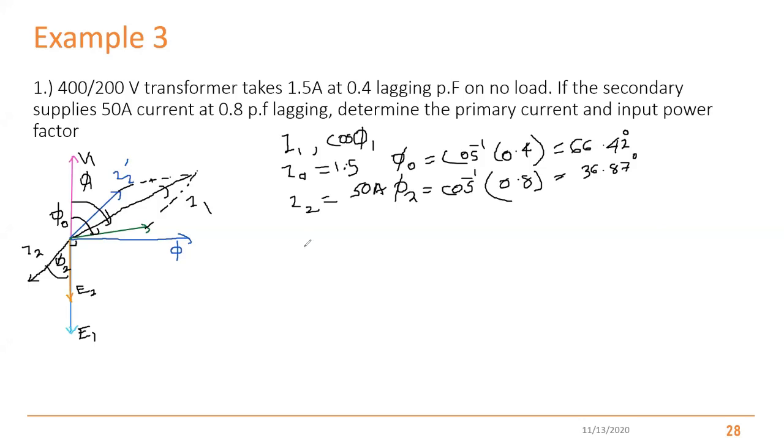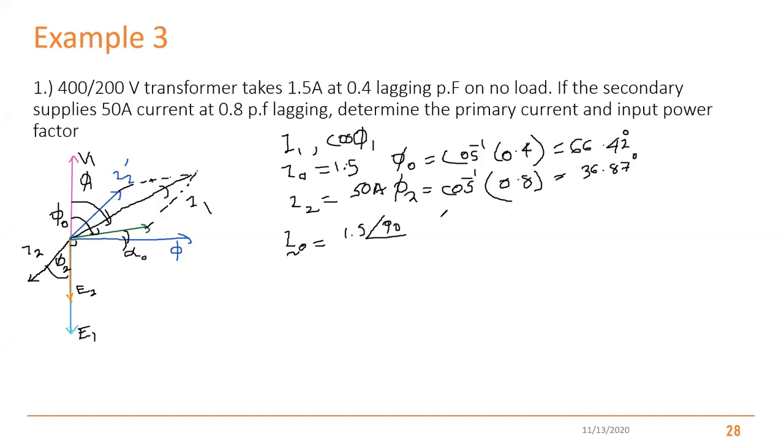Now I can write the phasors. Write the I naught phasor as 1.5 at this angle. Suppose this is alpha naught.